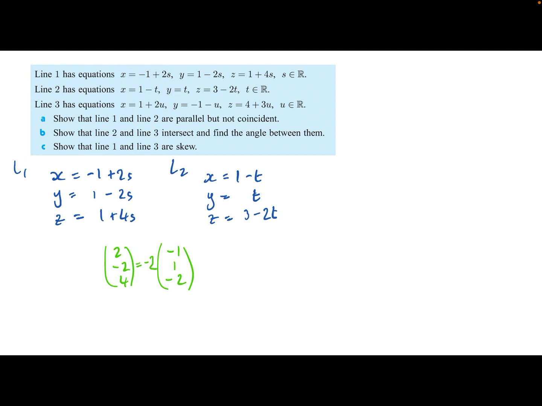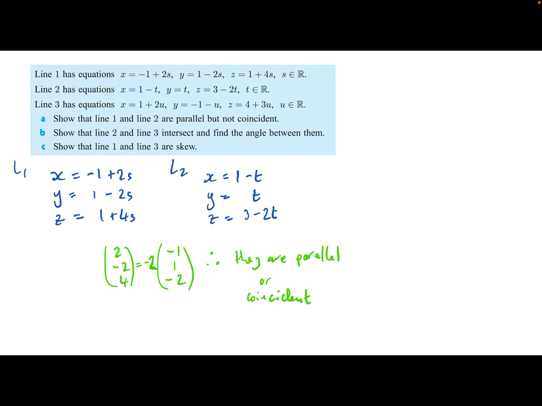I.e., if I multiply the direction vector of line 2 by minus 2, I get the direction vector of line 1. Now, this means, therefore, they are parallel or coincident. So they're either the same line or they're just parallel to each other.